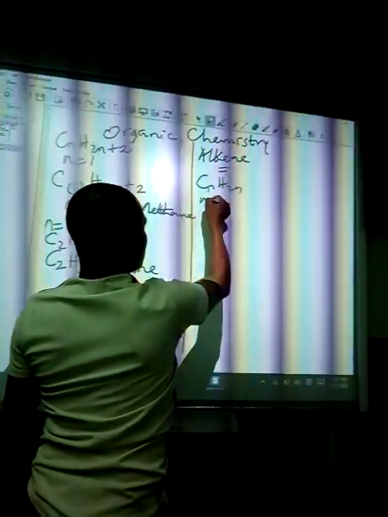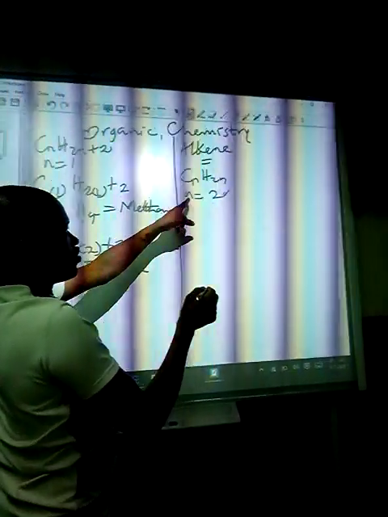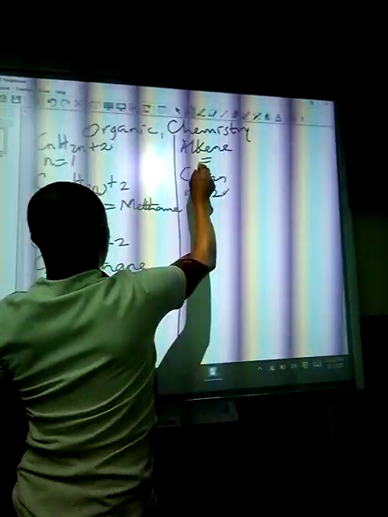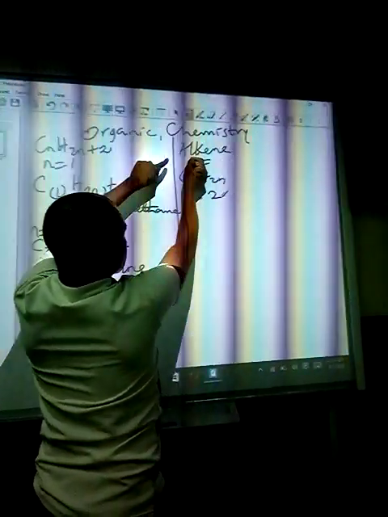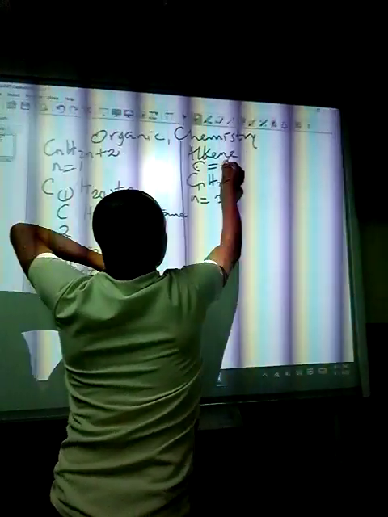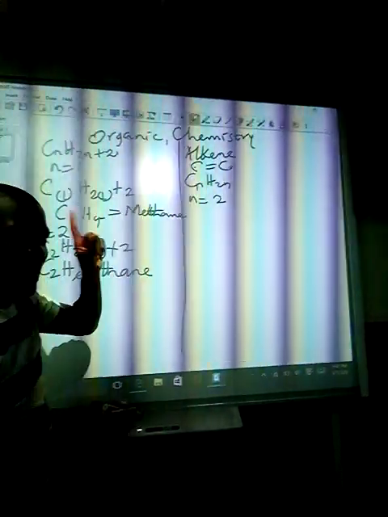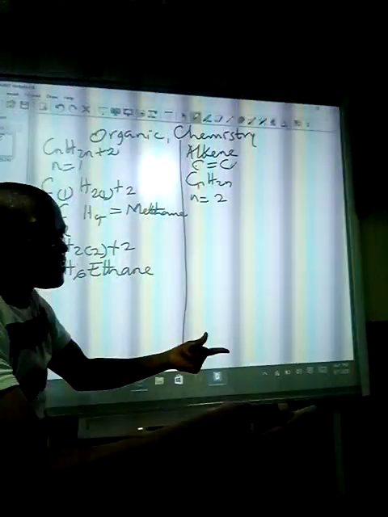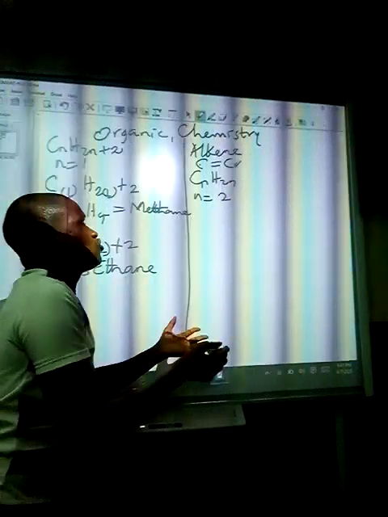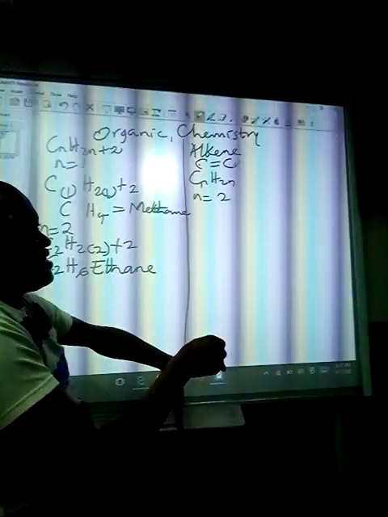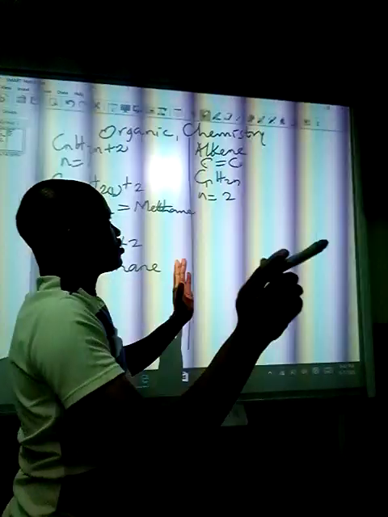So you start with n equals 2, because you cannot have 1. A double bond has to go with 2 carbons, so the first member is ethene, not methene. Methene does not exist.